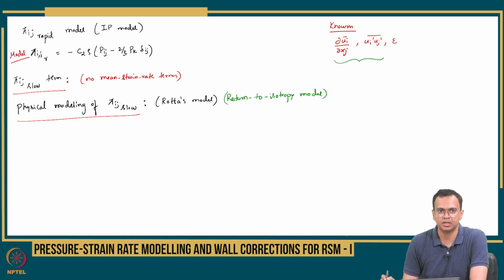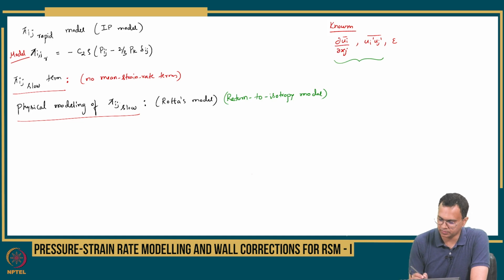As we know, pressure strain rate takes away turbulence in a direction where it is produced and tries to give it out to the directions where it is not produced. So it is trying to make the turbulence isotropic, but it will not be, because there are other terms active, the production rate terms and the dissipation rate terms. So they will cause the imbalance between the three components of the stresses.